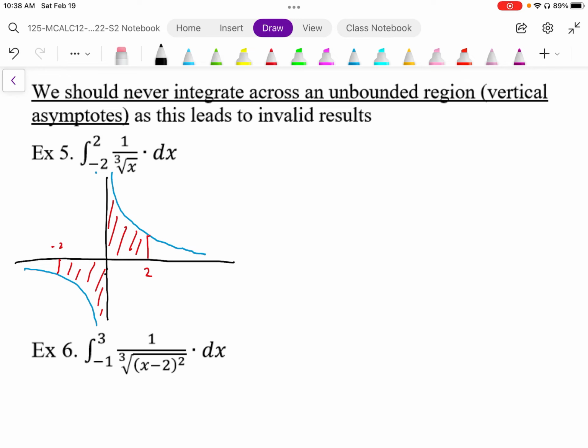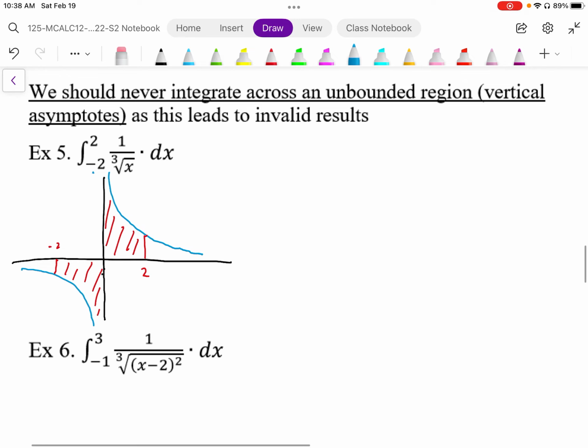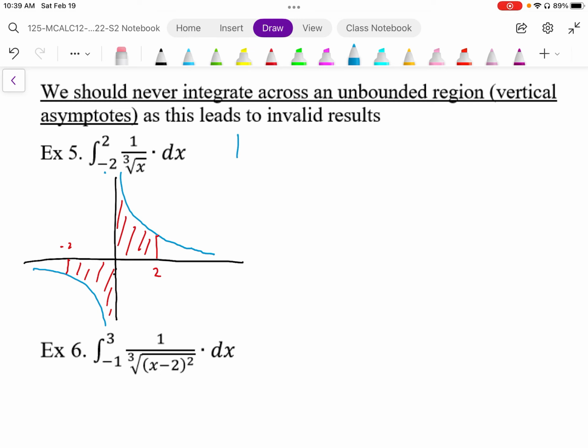So I have to do this as a limit. I'm going to have a limit from the left-hand side. So my limit as t approaches 0 for the integral from -2 to t of 1 over the cube root of x dx.